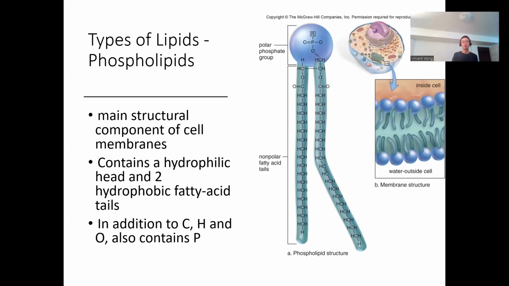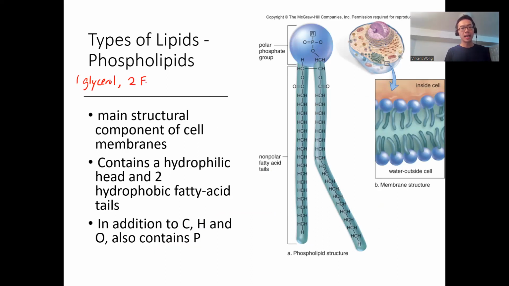All right, next, we're going to talk about another kind of lipid. This is called phospholipids. A phospholipid has three components. We have one glycerol. You should write this down. One glycerol, just like before.